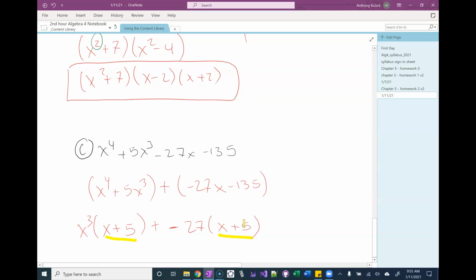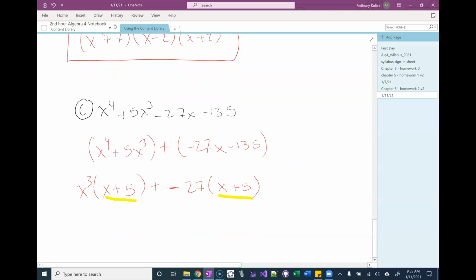Since it's the same, it is factorable by grouping, and we can continue. If it wasn't, we would just stop, and the original problem would be as good as we could do. So we can take out the x plus 5, and that leaves us with x cubed minus 27.